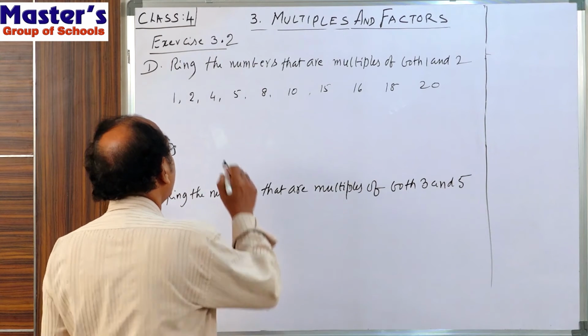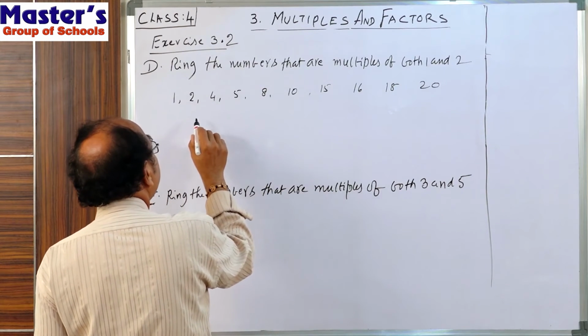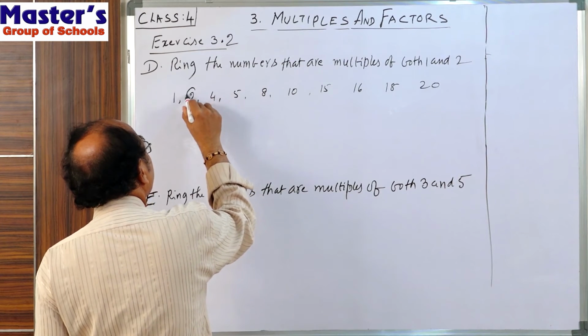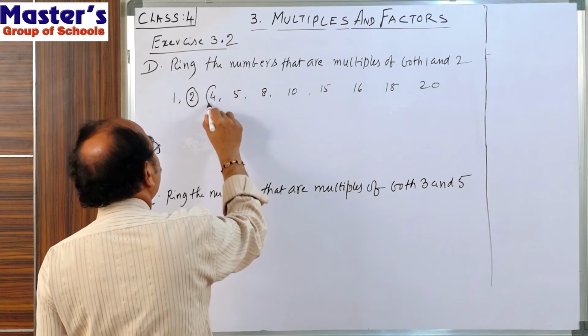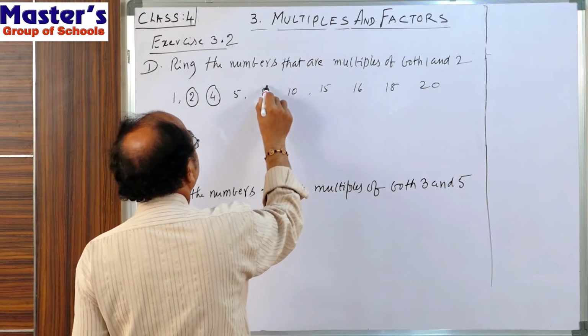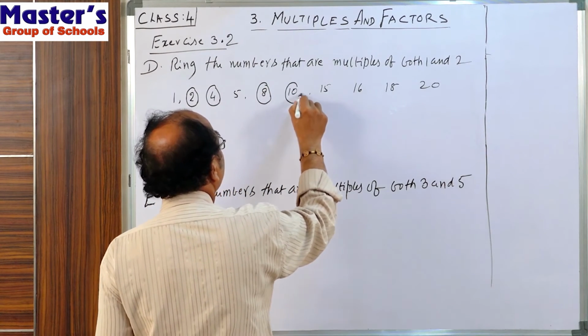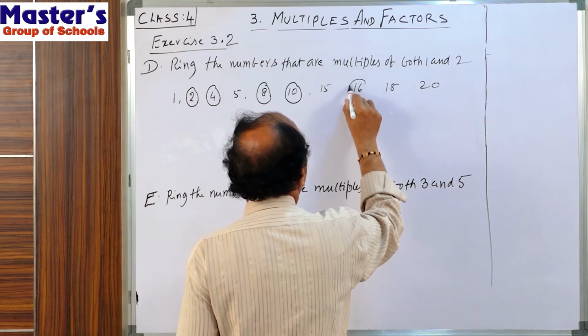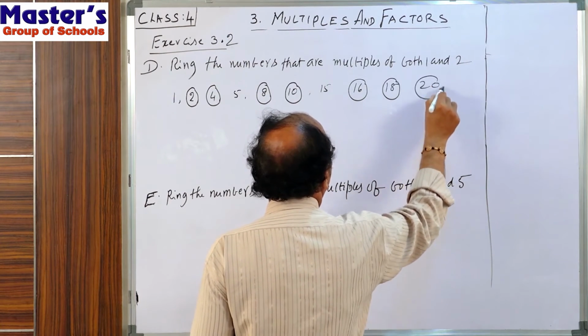So we ring the number 2, and 4, 8, 10, 16, 18 and 20.